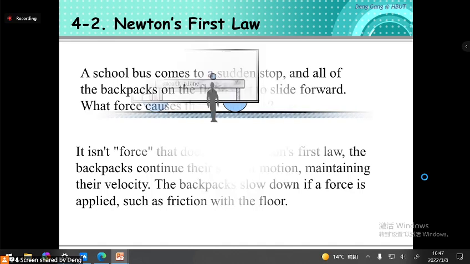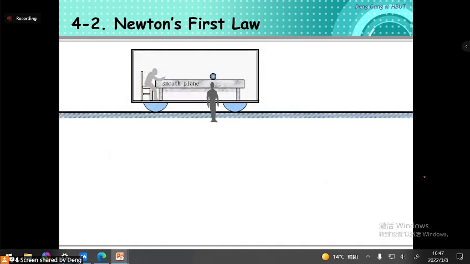Okay. So now we believe that Newton's first law should be correct. But someone may still not agree with that, just like here.